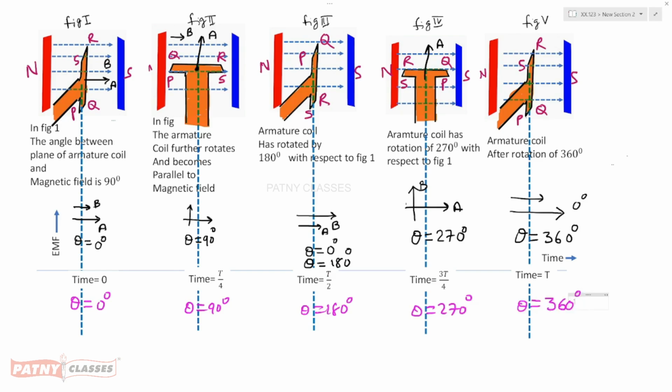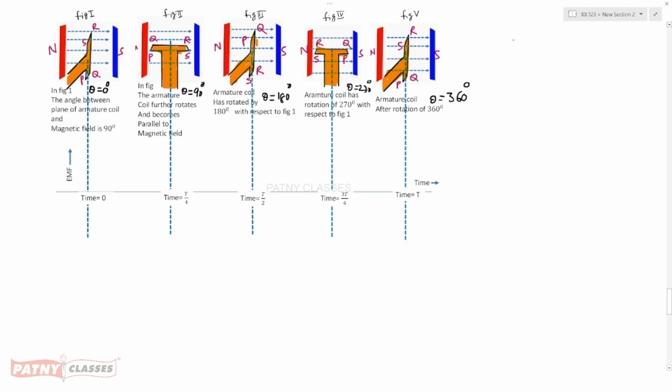And at time T, theta equals 360 degrees. And we have E equals E0 sine omega t. But omega t equals theta, therefore E equals E0 sine theta.